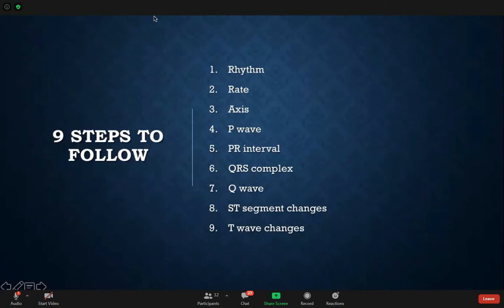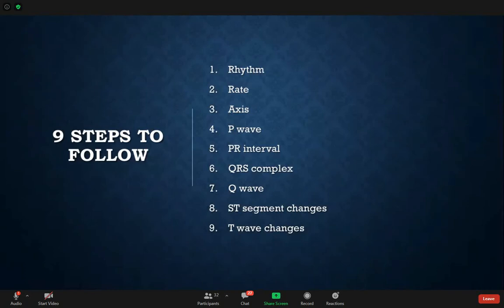The first part I introduced you to the ECG, how you apply an ECG, the concept of the ECG, and this part of the lecture is how to read an ECG. And there are always 9 steps to follow. First, you want to see the rhythm. Is it sinus rhythm or non-sinus rhythm? The second part is the rate and how to calculate the rate. Third, you're going to see the axis.